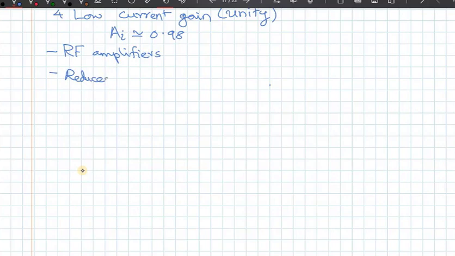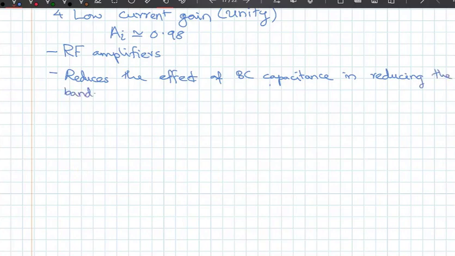This reduces the effect of the base to collector capacitance in reducing the bandwidth. Bandwidth, BW, is the range of frequencies that are passed, that are amplified.